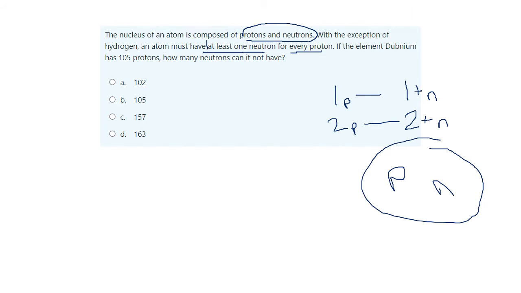So if the element dubnium has 105 protons, how many neutrons can it not have? Well, it has 105 protons, so it needs to have 105 or more neutrons.